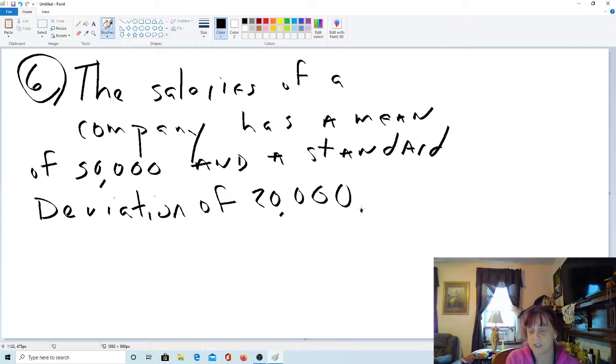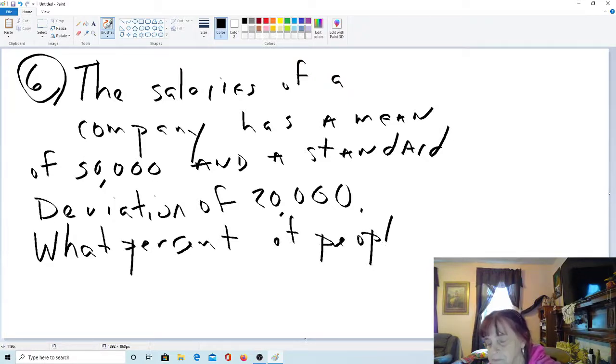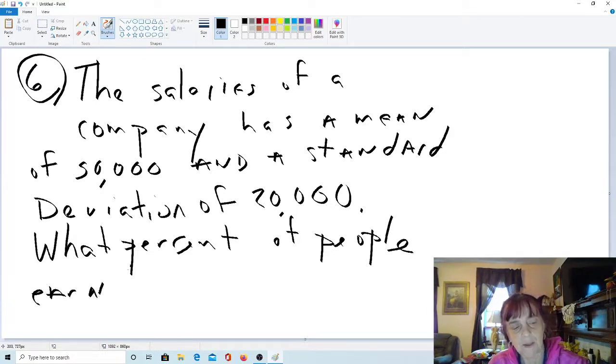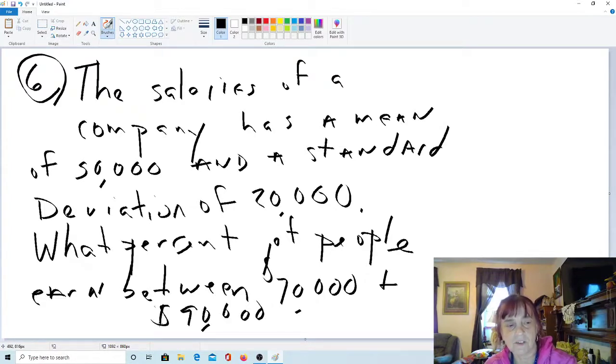Okay, now the question is, what percent of people earn between $70,000 and $90,000? These are dollar signs.